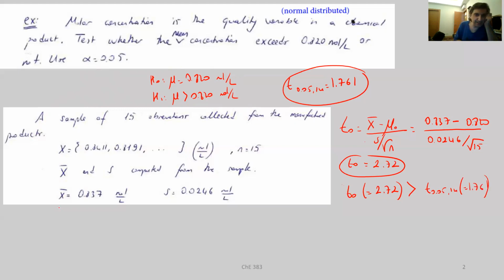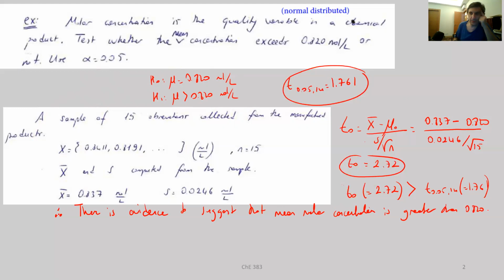This means that, therefore, there is evidence to suggest that mu is greater than, well, actually, instead of mu, it's better to write the whole description of the process. The mean molar concentration is greater than 0.20 moles per liter.